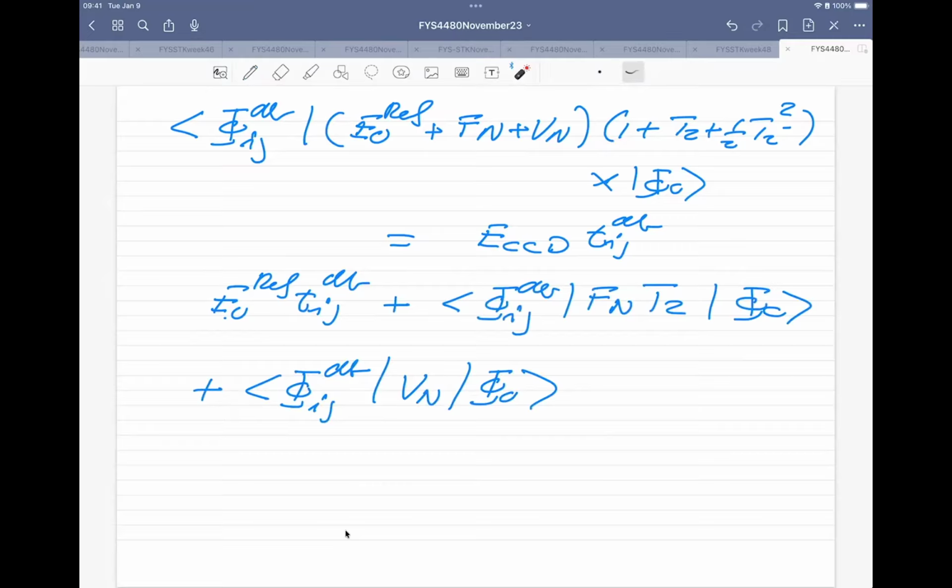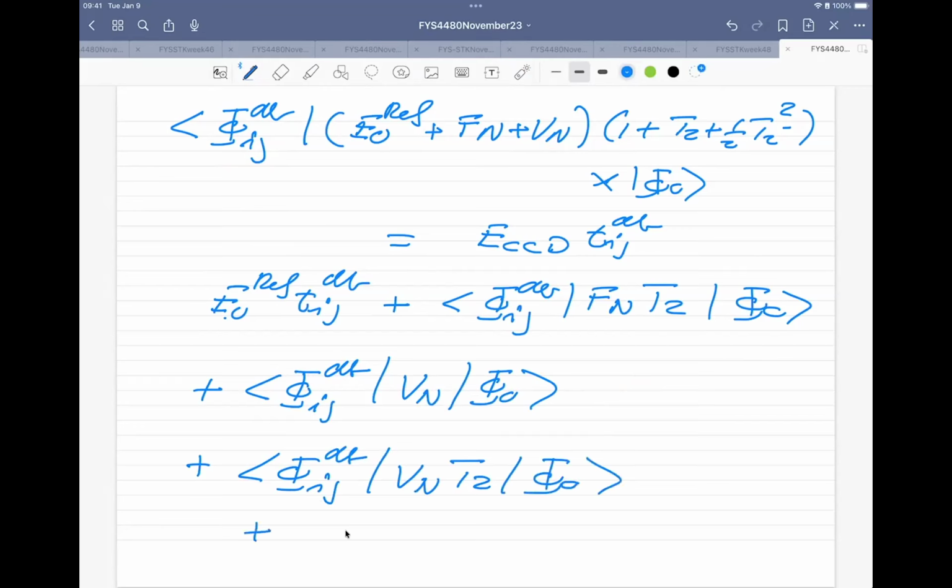And then I have plus phi ij AB, and I'm going to get a V of n times this operator T2. And then there was a term which we thought could be non-zero, but where we have to be a little bit careful. There is a term here which we need to evaluate, which is 1/2 T2 squared of phi 0.